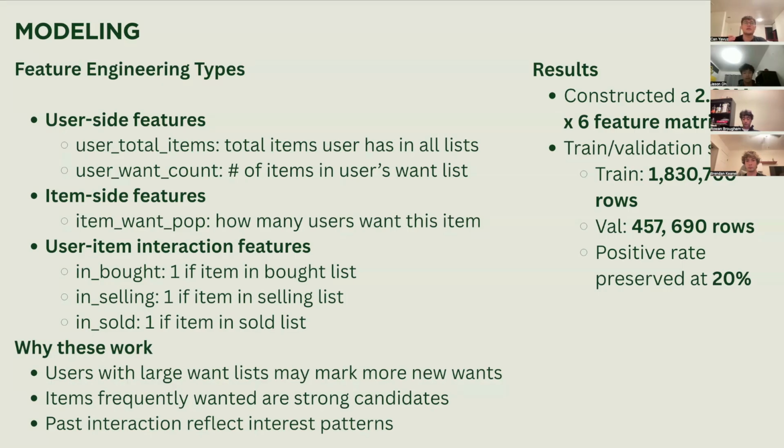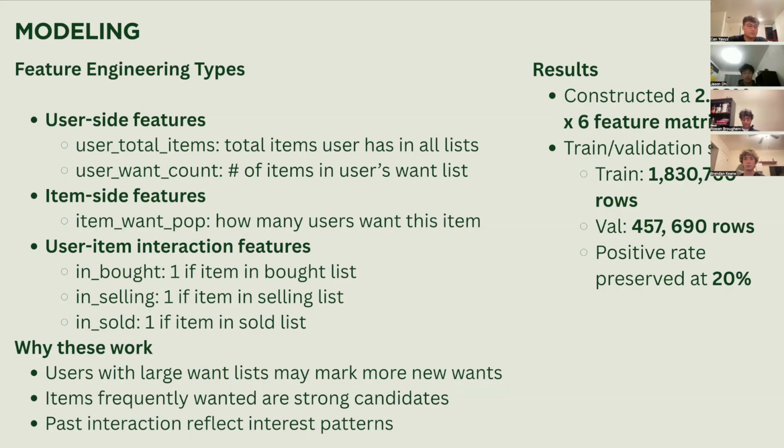So that's why you might see the results that you're going to see in a couple of slides. But overall, on the right, we have our feature matrix numbers listed along with our training and validation. And again, as Ron mentioned and Jason too, the positive rate is preserved at 20%.